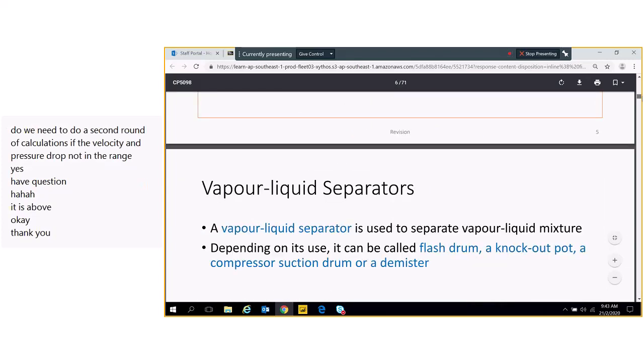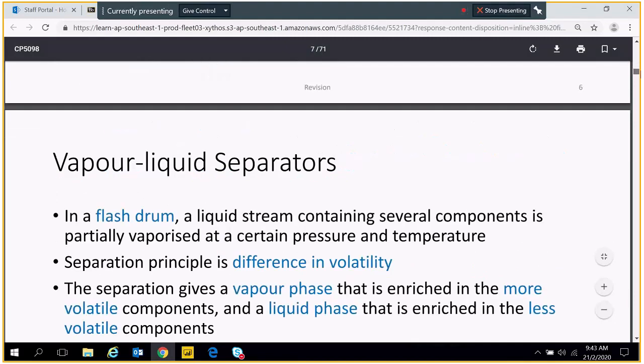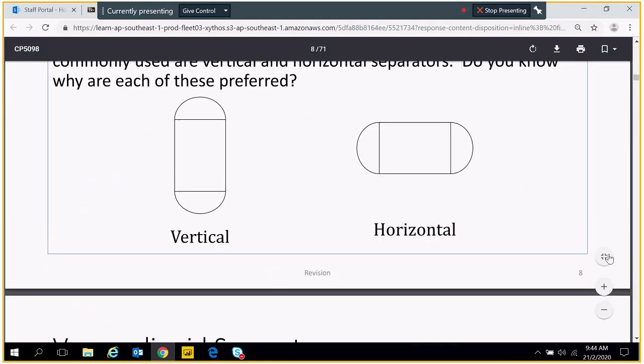I have explained the theory behind this. So my purpose is not to repeat the theory, but the idea is that the separation principle is the difference in volatility. That's the separation process. Now always remember, any substance with a lower boiling point is more volatile.